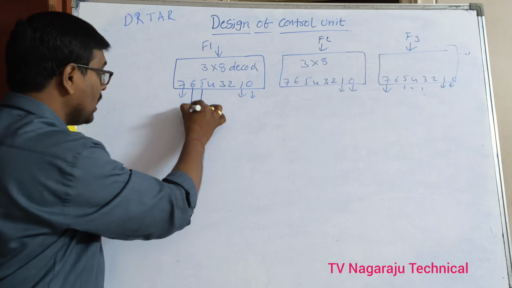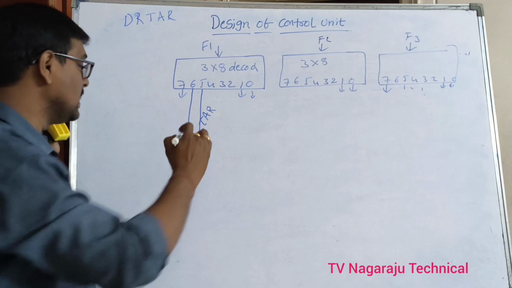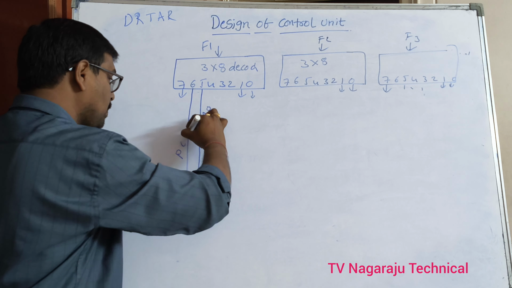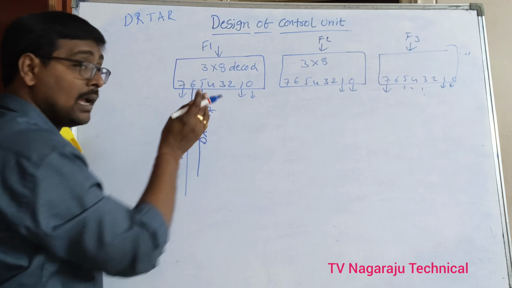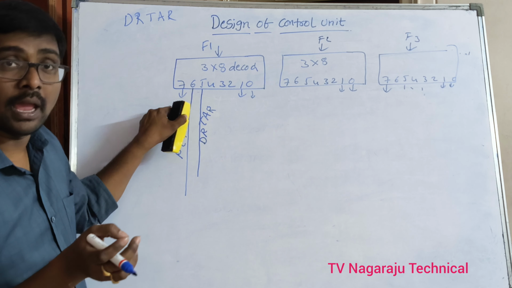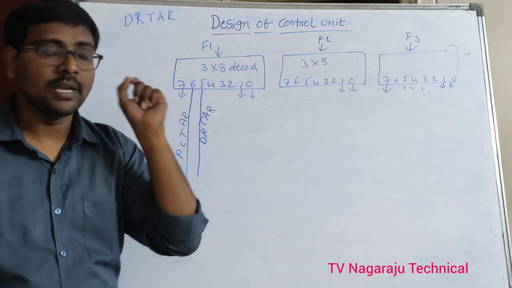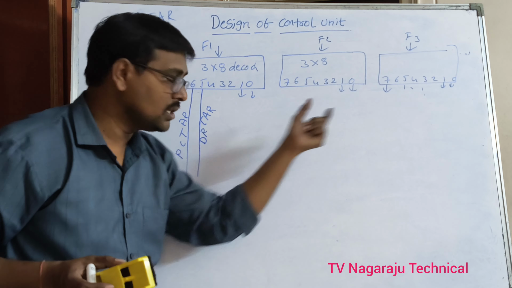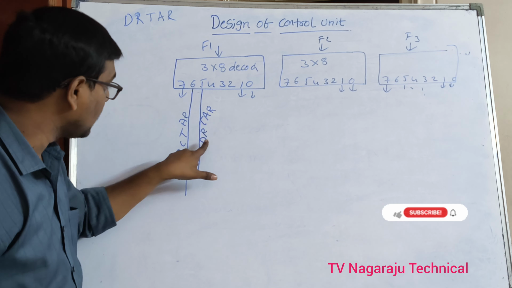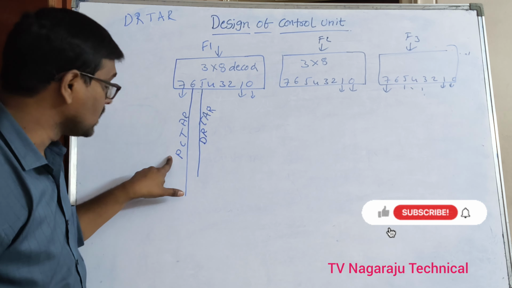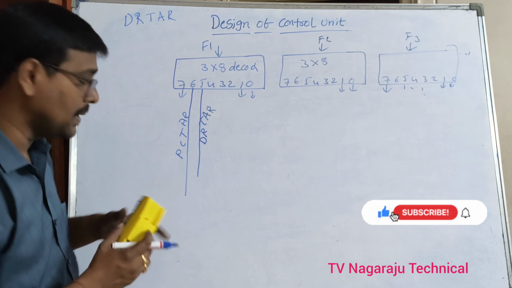For example, if the decoder output 6 is active, it performs PC to AR, copying from PC to AR. So each and every output performs some operation. If the 5 output is selected, it transfers this one. If 6 output is selected, it transfers from PC.